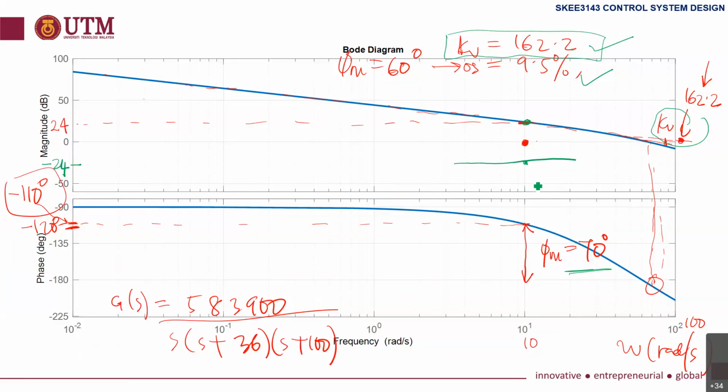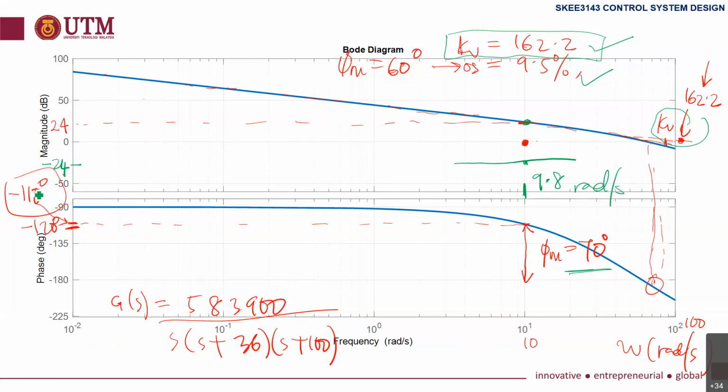In the book, it is 9.8, so I will use 9.8, although, as I mentioned, it's not accurate. It's about 10 here. I will use 9.8 radian per second, when it is minus 110 degrees.